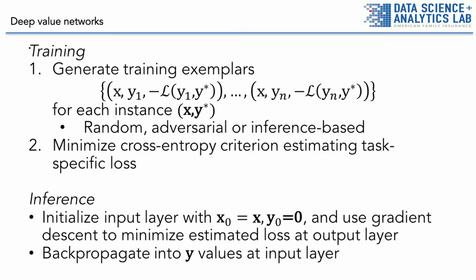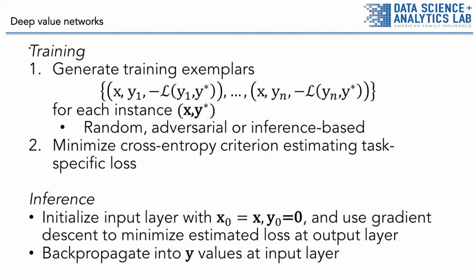You can select them according to some model internal criteria based on how likely those labelings are or based on how informative those labelings will be for the model. And actually in the paper they use a hybrid between these, sampling the candidate labelings according to all three of these criteria together. And then once you've done that, you just train the network to try and predict this loss function based on the sample of synthetic training data that you put together.